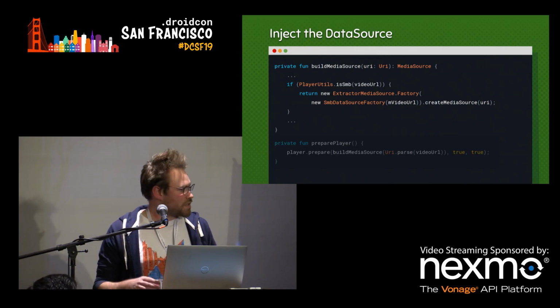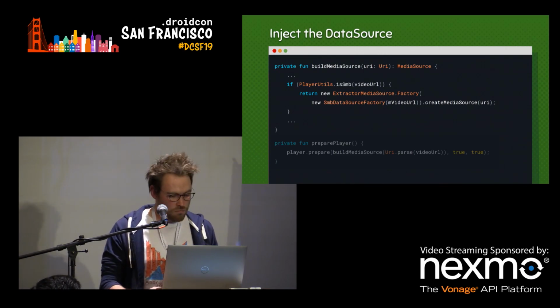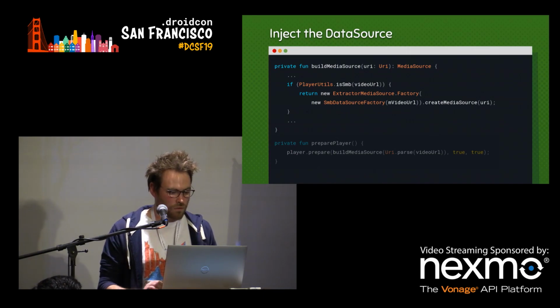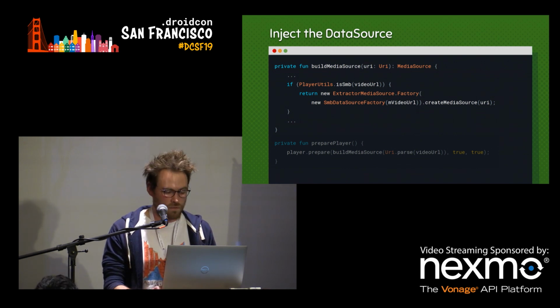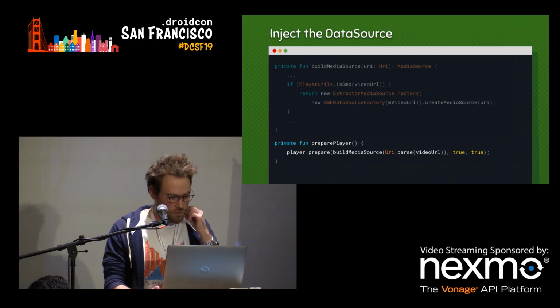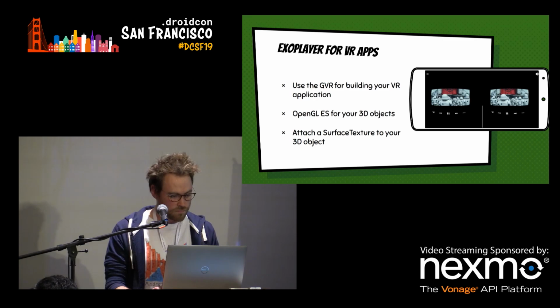And inside your player plugin, when you are building your media source, if the URL of your videos is from SMB, you inject the SMB data source into the extractor media source. And then you prepare your player with the selected sources, and it's working.